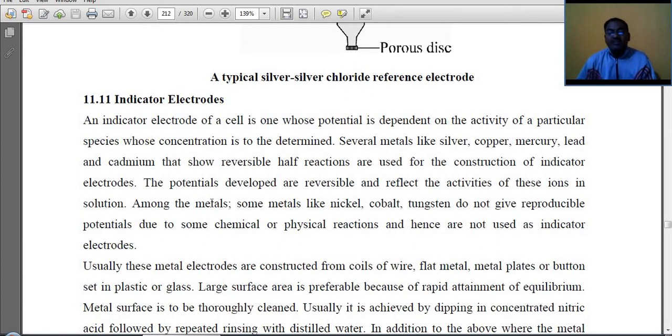The potentials developed are reversible and reflect the activities of these ions in solution. Among the metals, some like nickel, cobalt and tungsten do not give reproducible potentials due to chemical or physical reactions, and hence are not used as indicator electrodes.